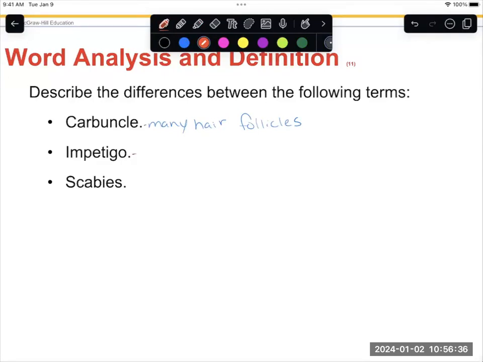Impetigo is an infection of the skin that produces thick yellow crusts. And then we have scabies. This is from mites that have laid those eggs under the skin.